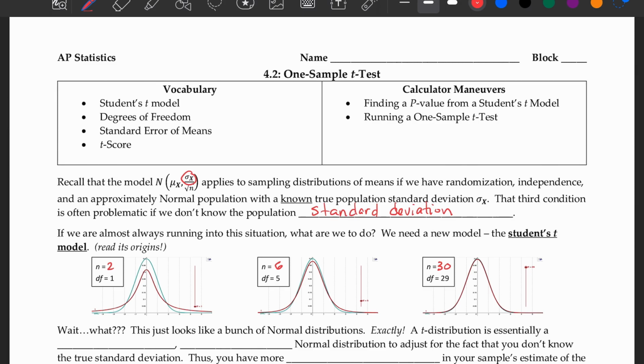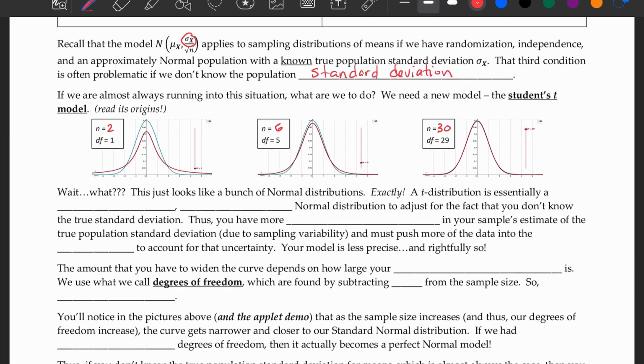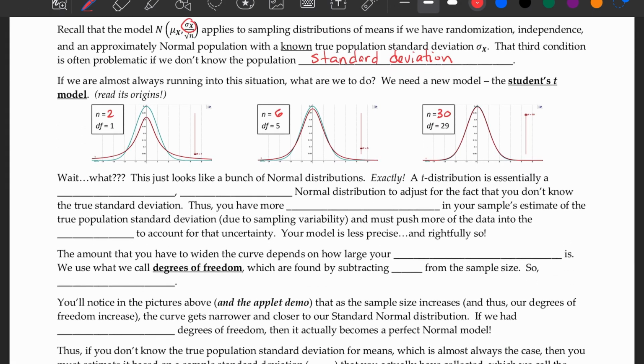So what did we learn from this and from our work in the applet in class? Well, we learned that a student t model is essentially just a shorter and wider normal distribution to adjust for the fact that you don't know the true standard deviation.